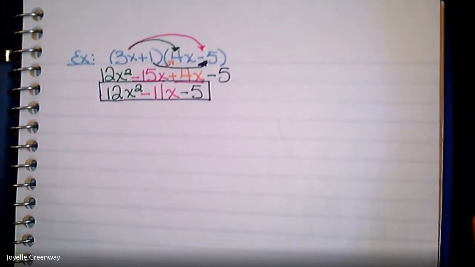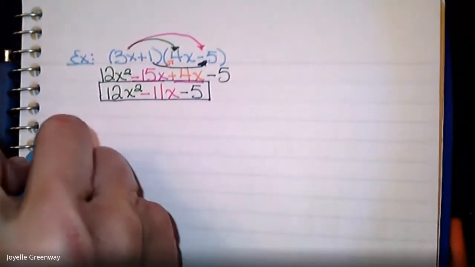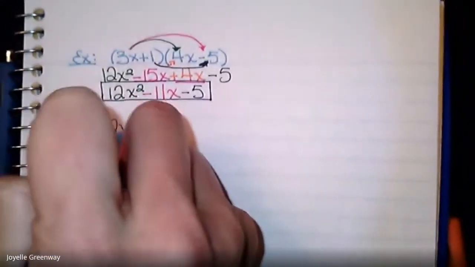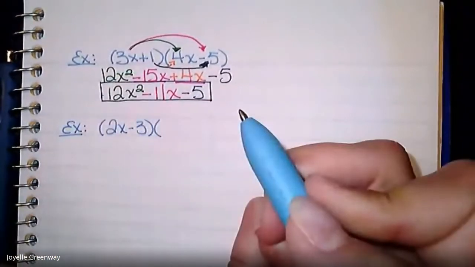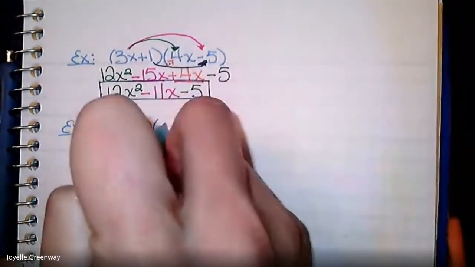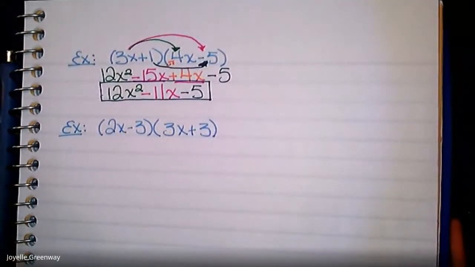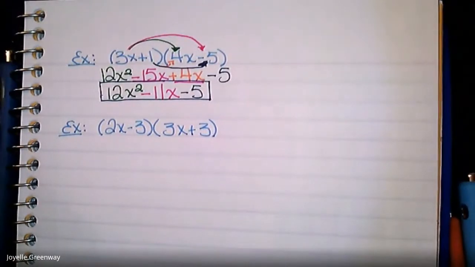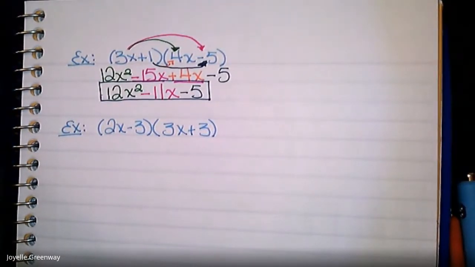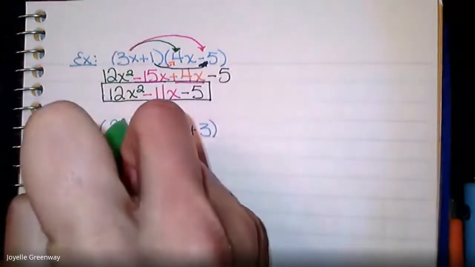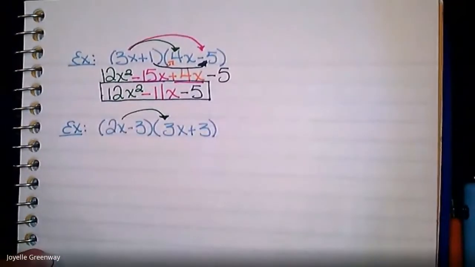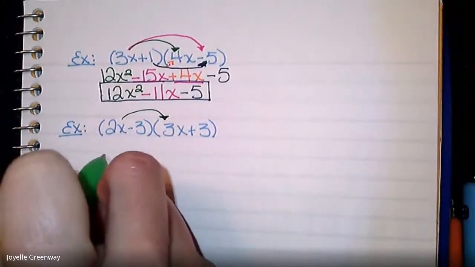All right, let's do 2x minus 3 times 3x plus 3. So you take your first term, 2x times 3x, and that is 6x squared.